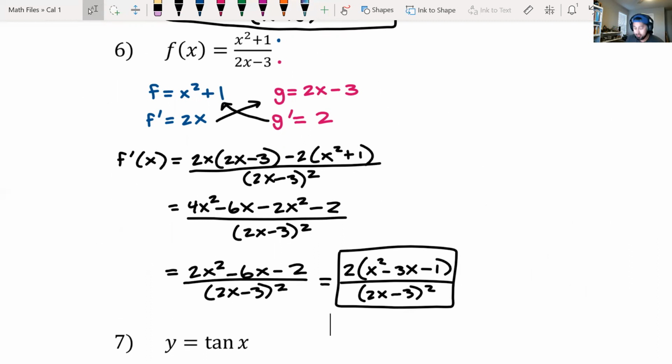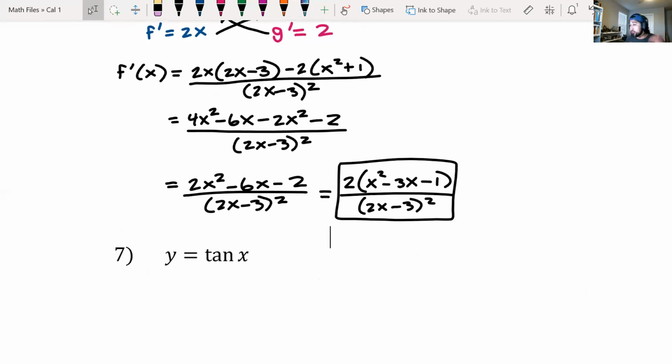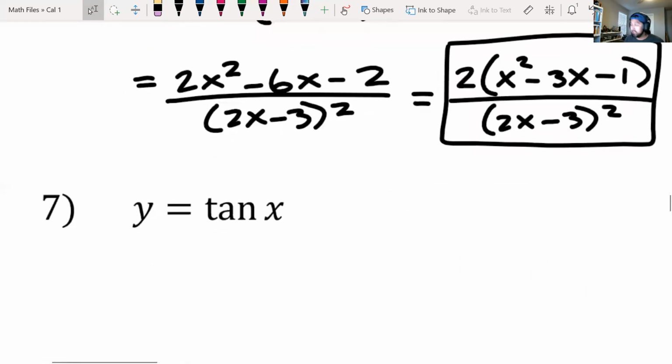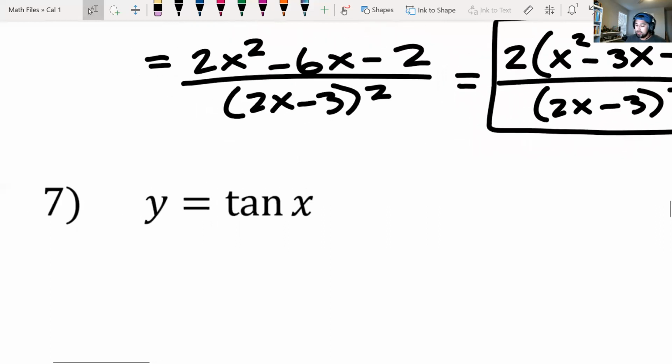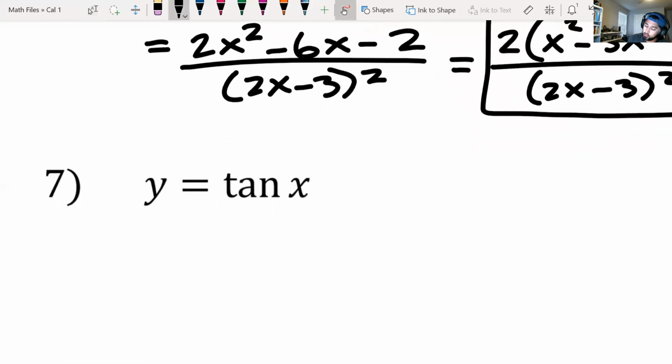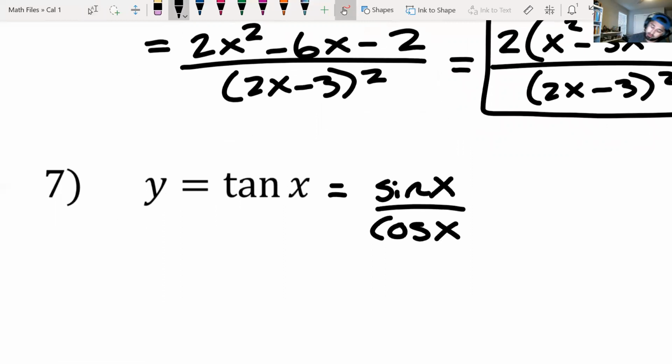Next is y equals the tangent of x. If we are going to use the quotient rule on this, we need to change tangent into its quotient identity. So what's another way to write tangent? Sine over cosine. There you go. Which means that sine will be f, and cosine will be g.